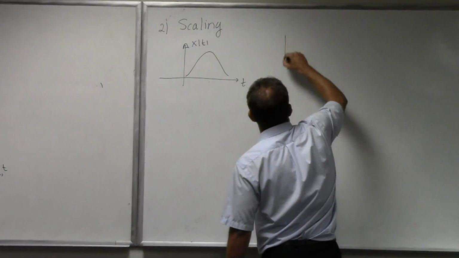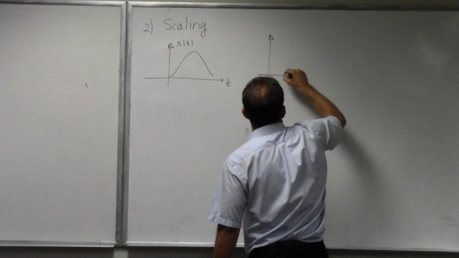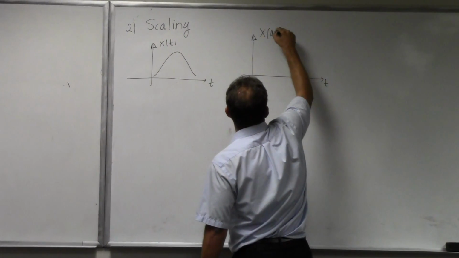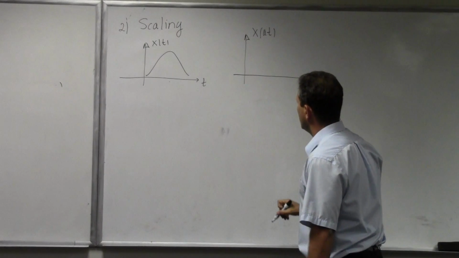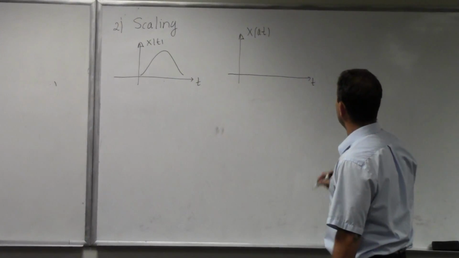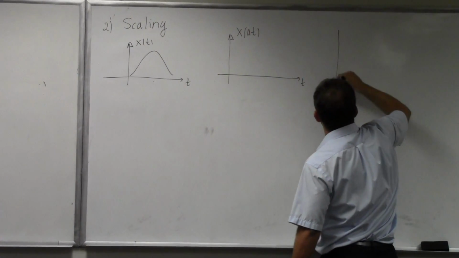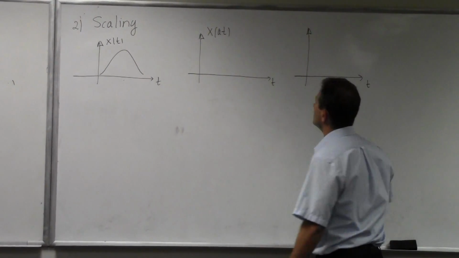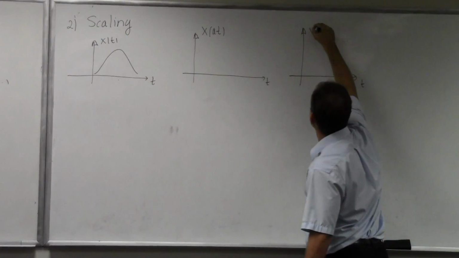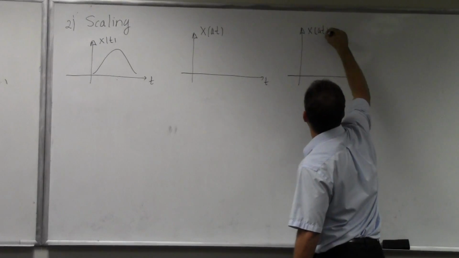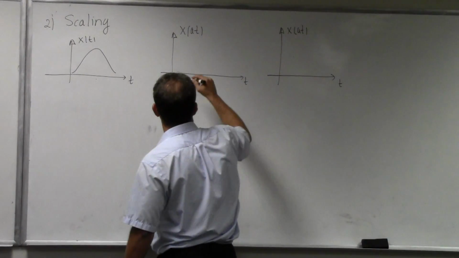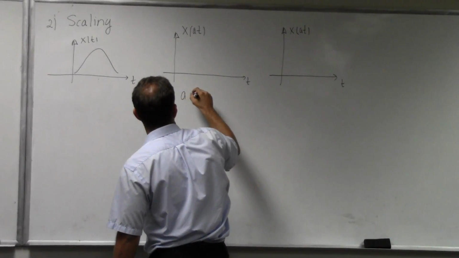Then the scale version of x of t is going to be x of a t, right? And we can have two cases here. When a is larger than 1 and when a is smaller than 1.